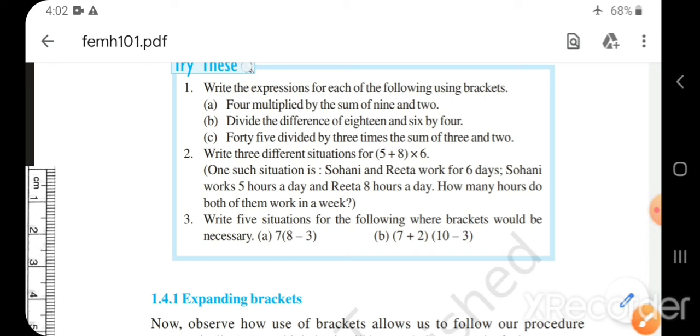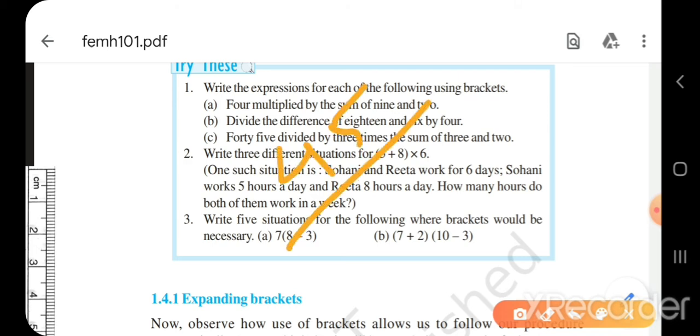Then see, 45 divided by 3 times the sum of 3 and 2. 45 divided by, means 45 is the numerator, and 3 times the sum of 3 and 2.